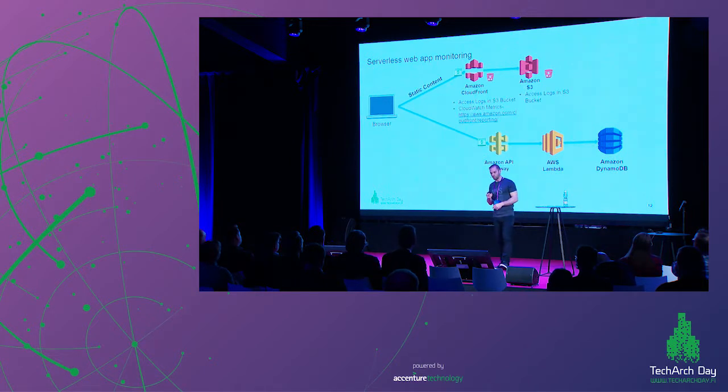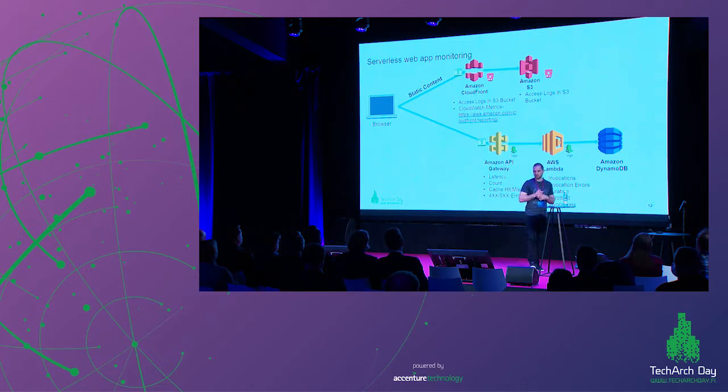If you want to do monitoring, you have a few options, of course, native to AWS. Push all the logs from CloudFront and S3 down to an outside bucket, and also monitor from the API point and the Lambda point your latency, for example, and invocations, especially the errors, so that you can detect and act upon that.